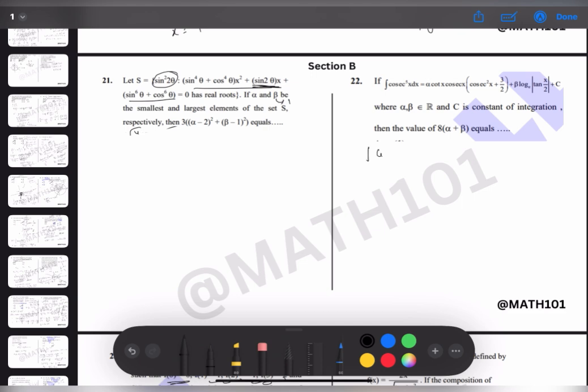Write this as cosec square x into cosec cube x dx. And then we'll apply integration by parts.